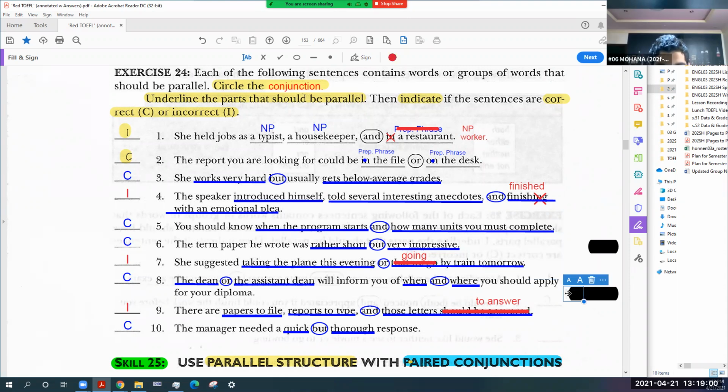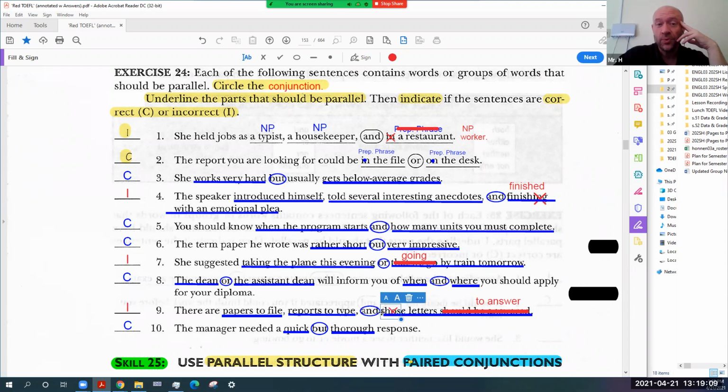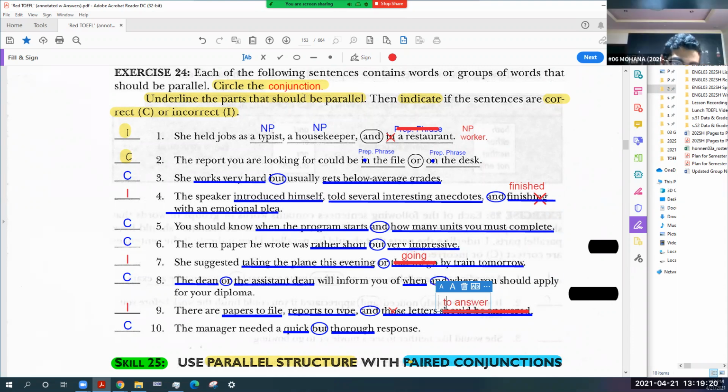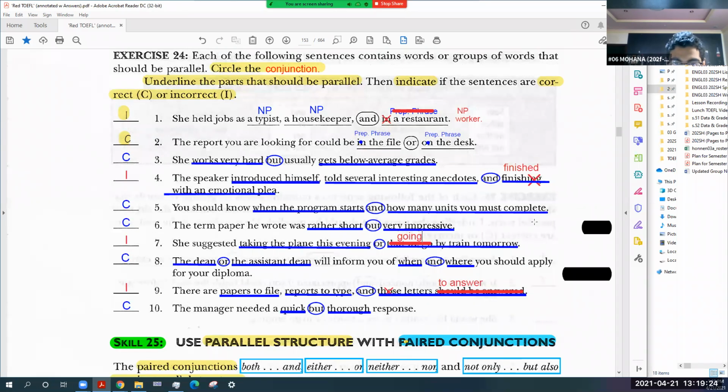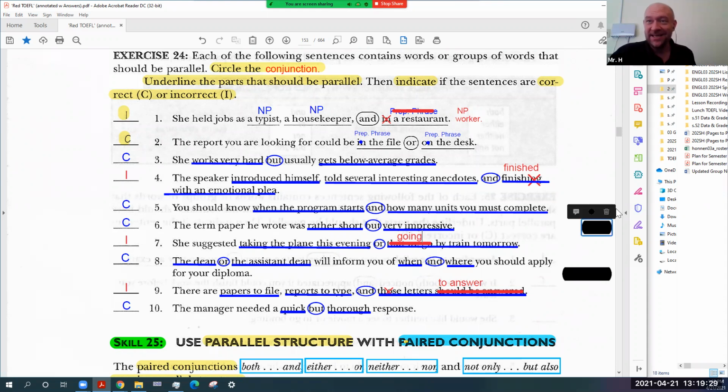Not missing, but we have too much of something. Remove those. All right. Read the whole thing now. There are papers to file, reports to type, letters to answer. And don't forget the conjunction and.